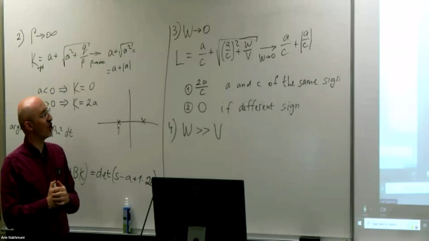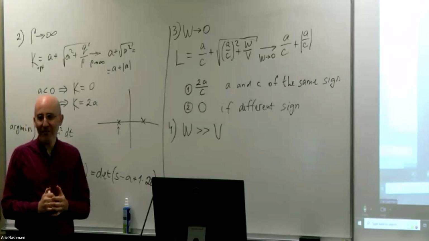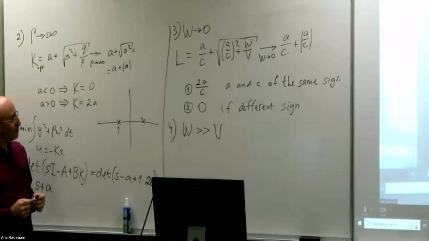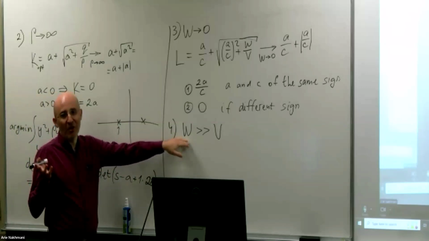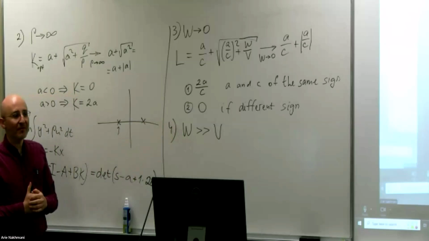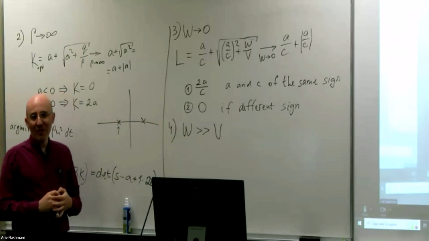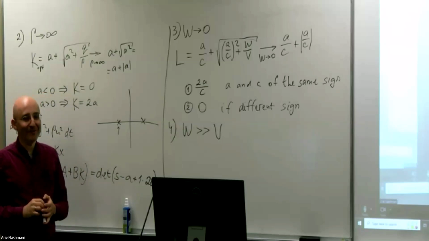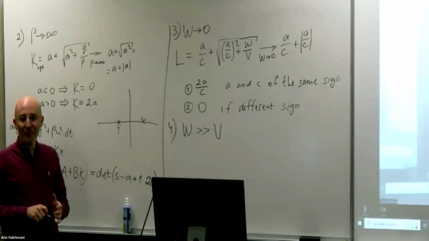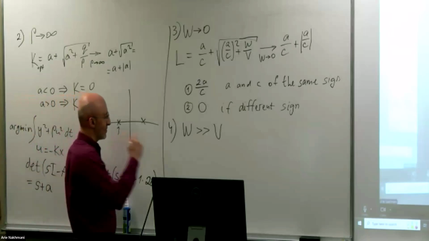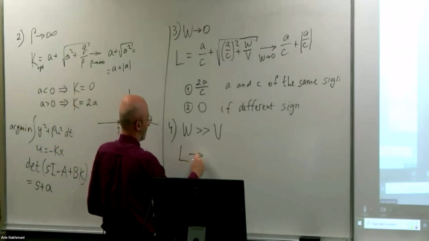But W is much, much larger. This means that uncertainty in the model is much higher than uncertainty in the measurement, practically speaking. So the measurement is okay, your sensor is good, but your model is not great. What happens to that? So what is that limit?